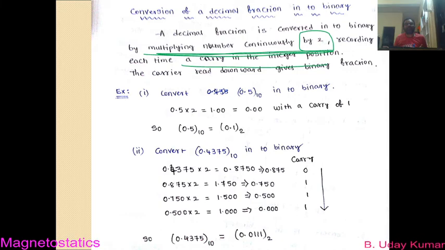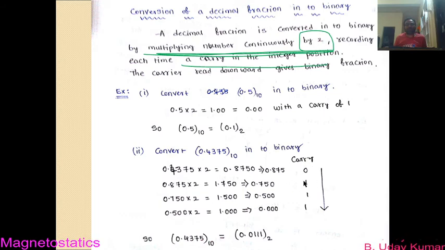Whatever fraction has been given to you, to convert it into a binary fraction you have to multiply it with 2, and whatever carry you get has to be written on its side. Okay, so you have to understand that.